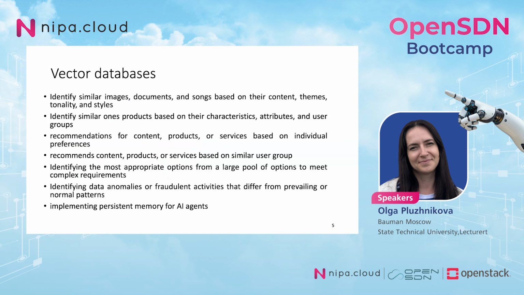For example, you can use a vector database to identify similar images, documents, and songs based on their content, themes, tonality, and styles. Identify similar products based on their characteristics, attributes, and user groups, and much more.